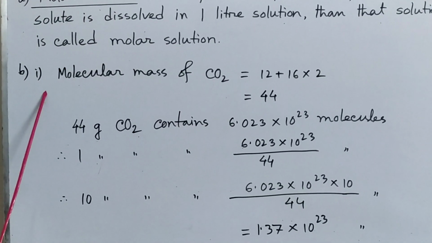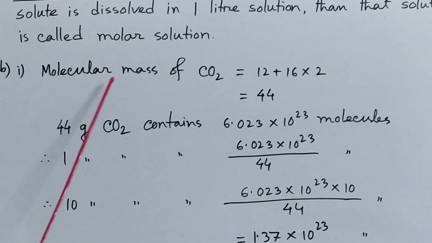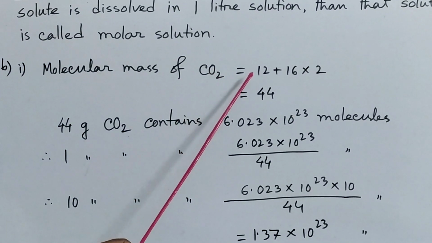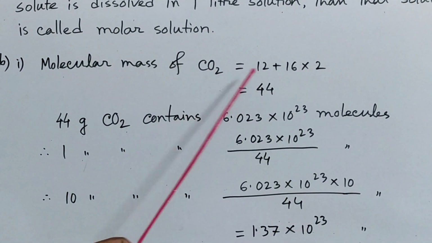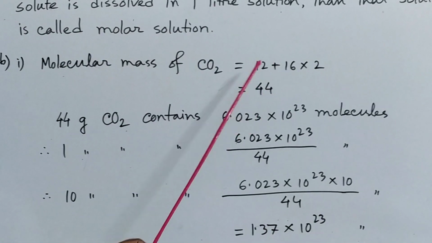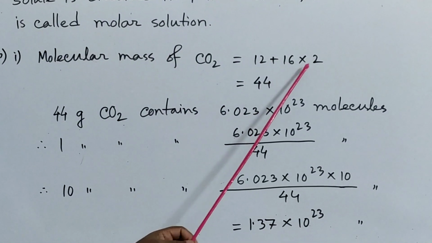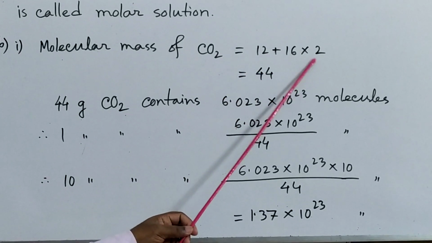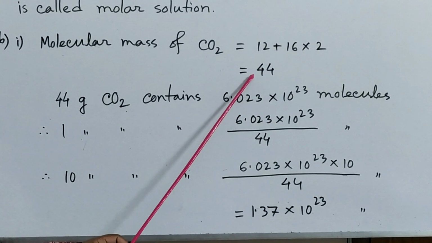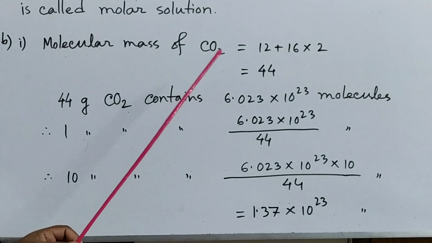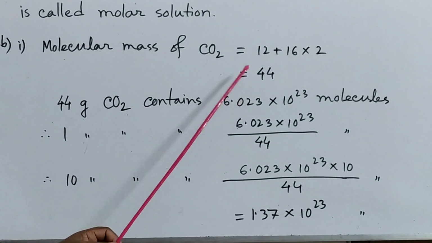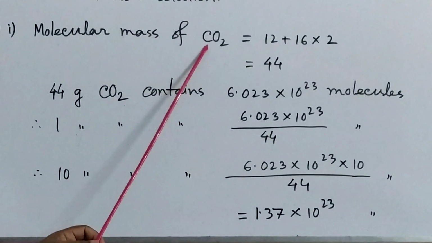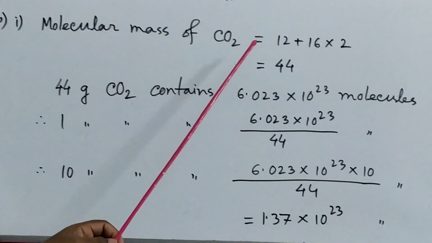The first one. Everybody see that molecular mass of carbon dioxide: carbon atomic mass 12, oxygen atomic mass 16. So here 2 oxygen, so it will be 16 into 2. If you add 32 and 12, it will be 44. So the molecular mass of carbon dioxide is 44. Now we know 1 mole carbon dioxide means 44 gram carbon dioxide.